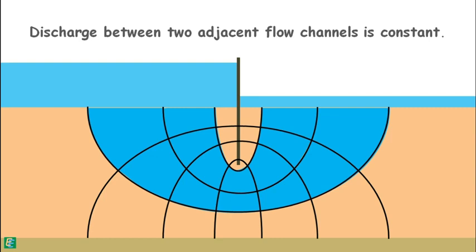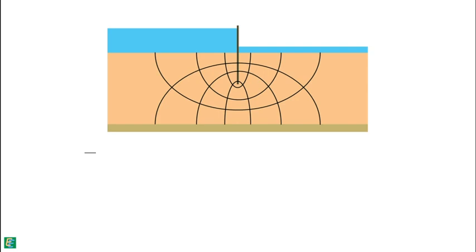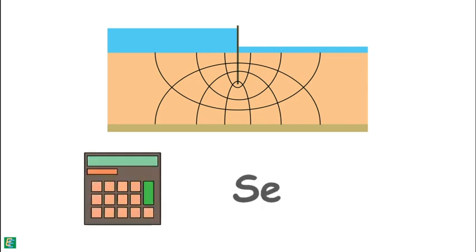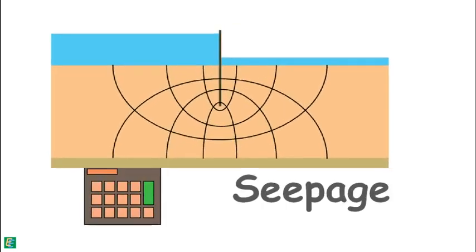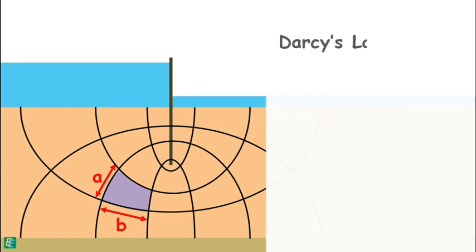Now that we have constructed the flow net, its graphical properties can be used to calculate the seepage through the soil. Let's say height of this flow field is small a and length is small b. We know from Darcy's law that discharge through flow field can be written as this.